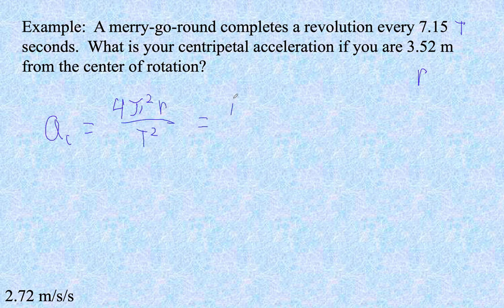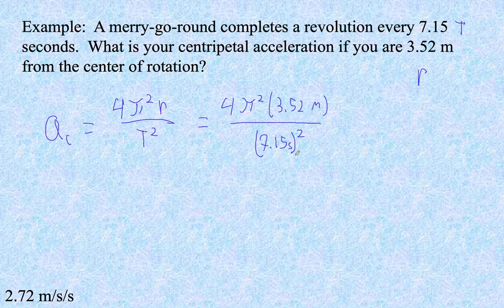So that's going to be 4, the number pi squared, times 3.52, and then don't forget to divide by 7.15, and don't forget to square it. Notice that the units here, since that's seconds and that's meters, is literally just meters over seconds squared, which is the acceleration. It's what we expect.